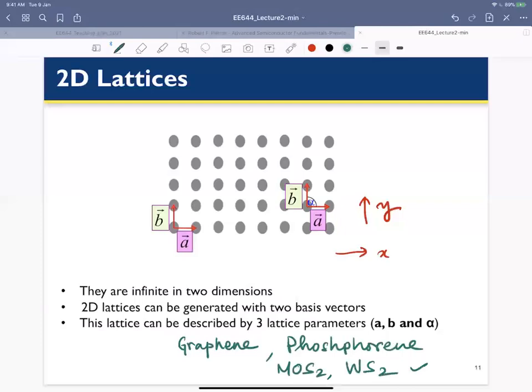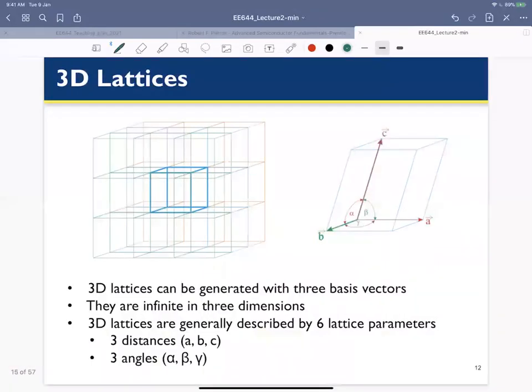Okay. So this is the 2D lattice, and now the 3D lattice. A 3D lattice can be generated by three basis vectors. They are infinite in all three dimensions, so they have x, y, z.